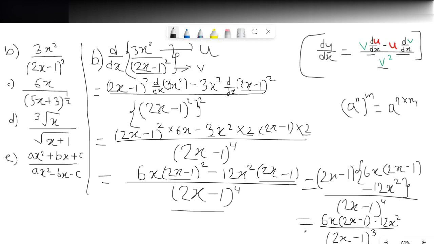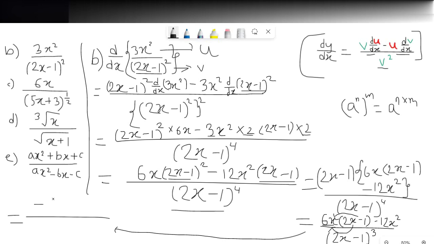So further simplifying, 6x multiplied with 2x gives us 12x squared, and 6x multiplied with minus 1 gives us minus 6.